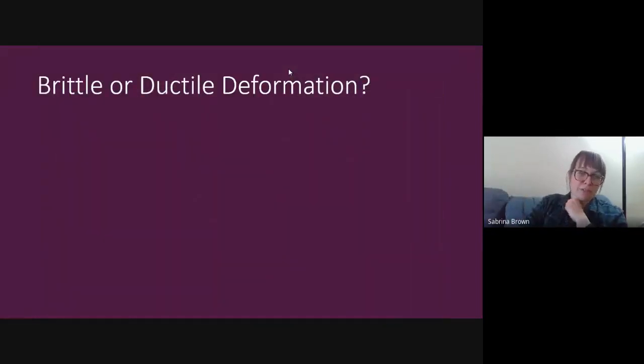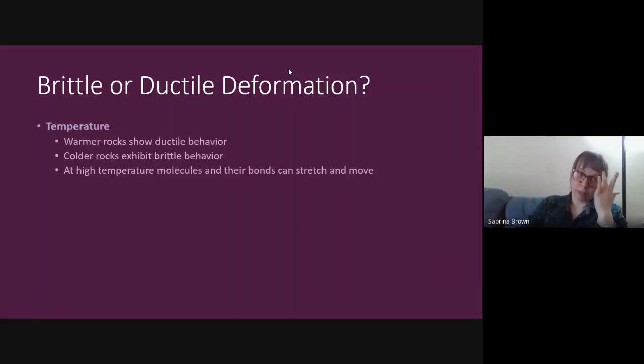All right, so you might be asking yourself, okay, so stress is applied to rocks and they can either bend or break. Why do they do one or the other? How a rock behaves when stress is applied depends on a couple of things. So one is temperature.